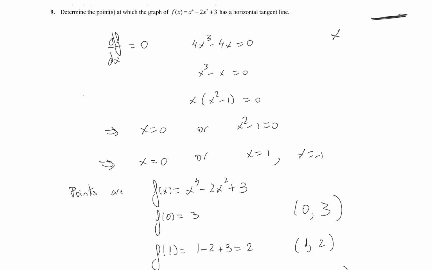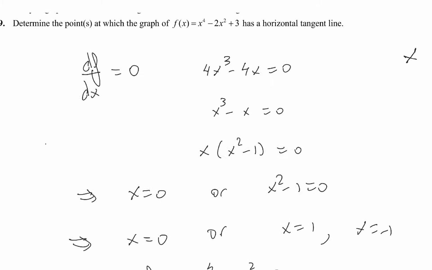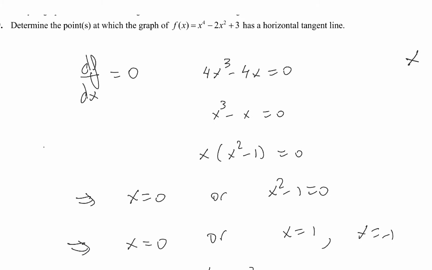Well, let's do it mathematically. The slope of this function, using the power rule, is 4x cubed minus 2x minus 4x plus 0.